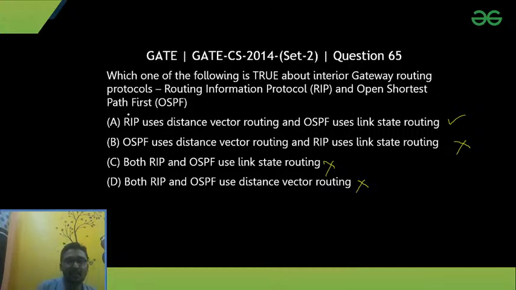You can see these two questions were asked in 2017 and 2014. So you have to remember this fact that RIP is related to distance vector routing and OSPF is related to link state routing.